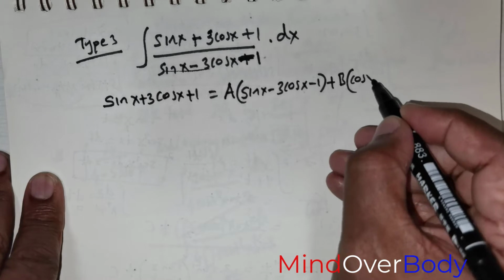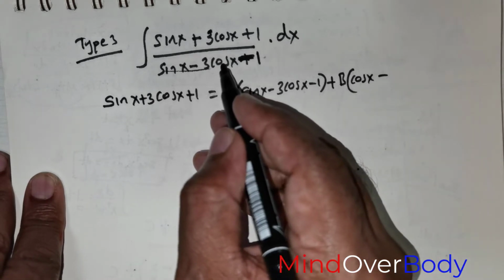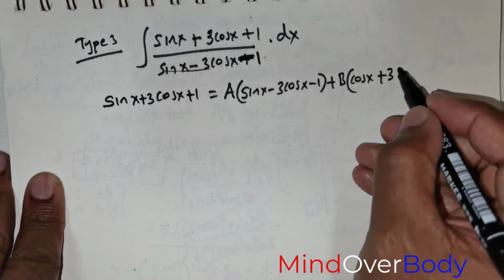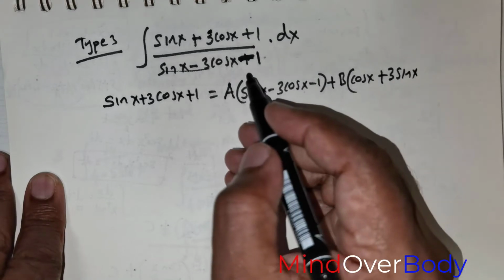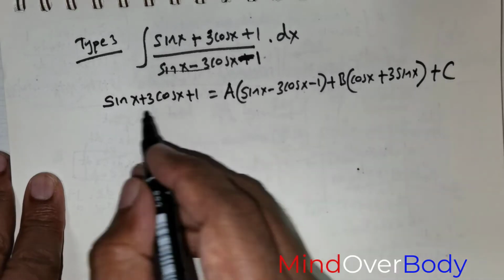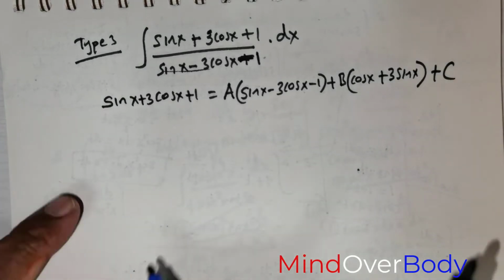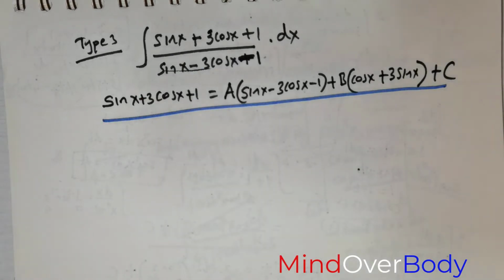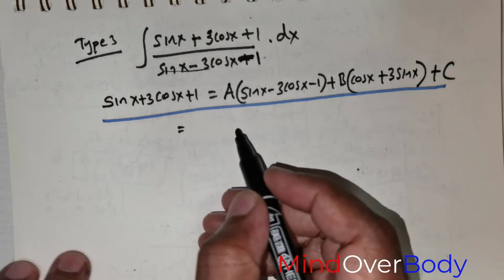That's going to be cos x, and the differential of cos x is negative sin x, so that's going to be + 3 sin x, and the differentiation of -1 will be 0, plus c. So this is the standard form that you will have to follow whenever you've been given a question of this type. Now I'm going to take the coefficients of sin x and cos x and the constant term together. So how would I do that?